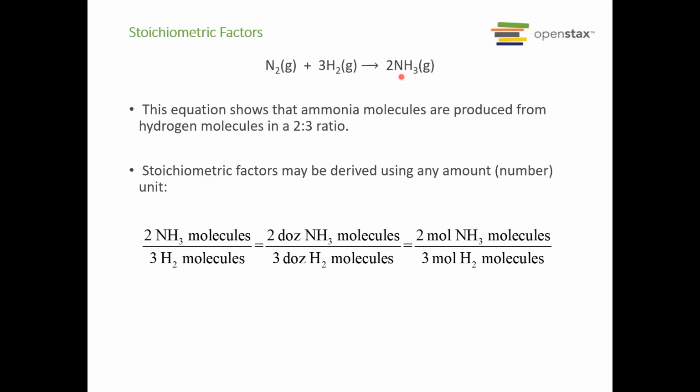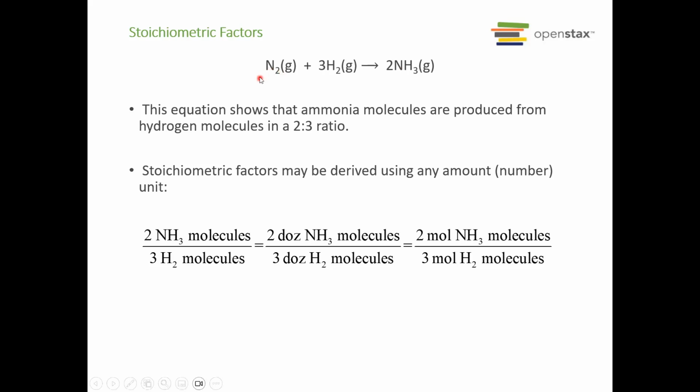But if we remember that the mole is simply a number, similar to a dozen, we could have 1 dozen nitrogen molecules plus 3 dozen hydrogen molecules give us 2 dozen ammonia molecules. But again, a mole is the same idea as a dozen, just much, much larger, 6.022 times 10 to the 23.